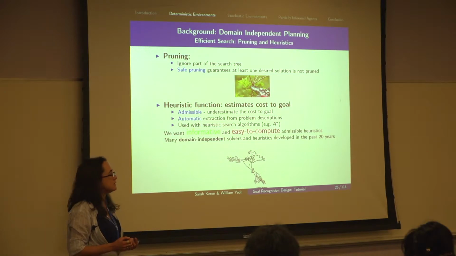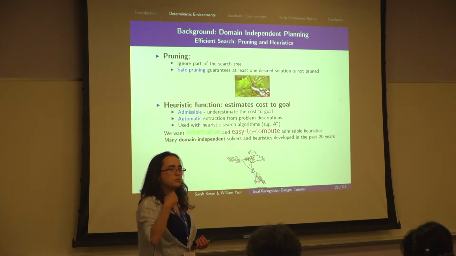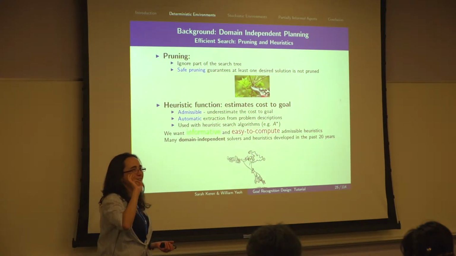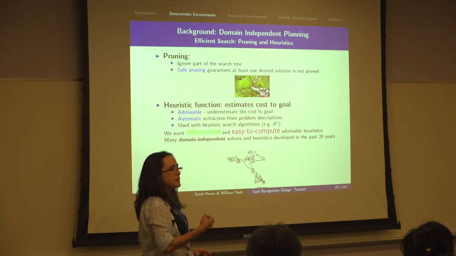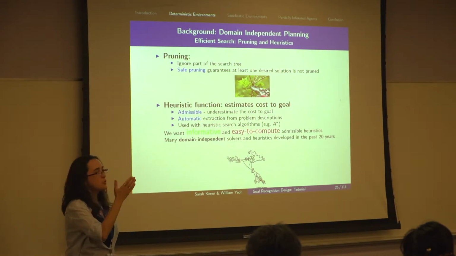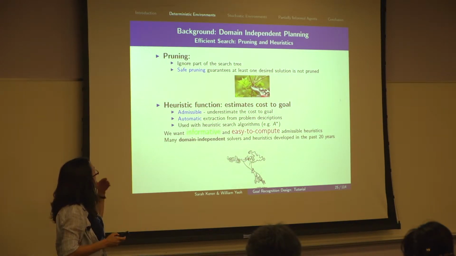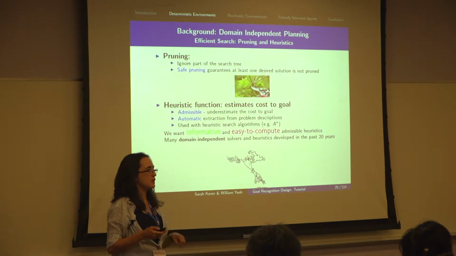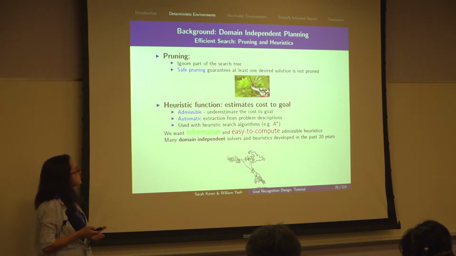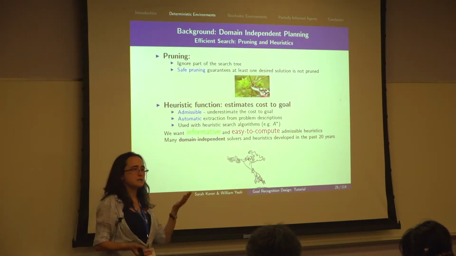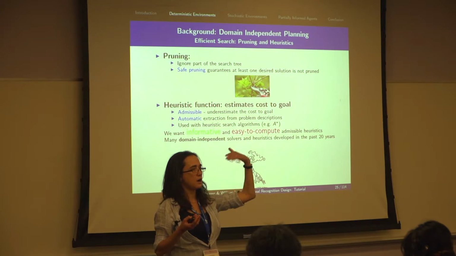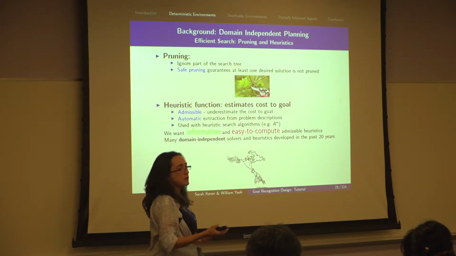A heuristic function gives us a way to, and I don't know if you guys know, my master's advisor, Carmel Domshlak, used to call it a sense of smell. So heuristic functions help us prioritize which paths to follow to achieve our goal. And it is admissible when it underestimates the cost to goal. Of course, we want to have a way to effectively and automatically extract heuristics from our problem description. And we want to balance how informative the heuristics are, how good they are in giving us an indication of how far the goal is, as opposed to how hard they are to compute.